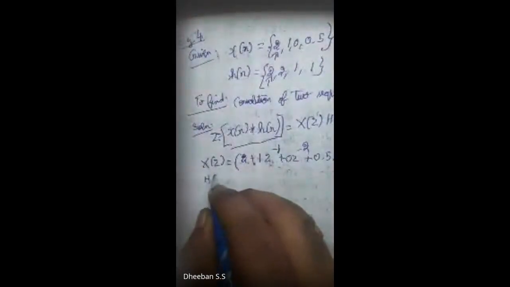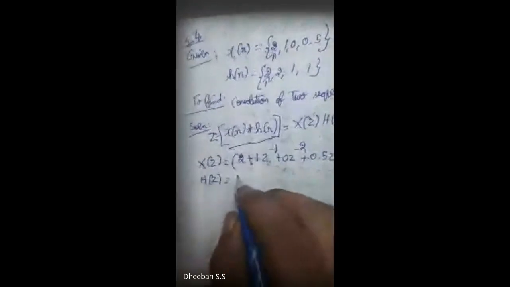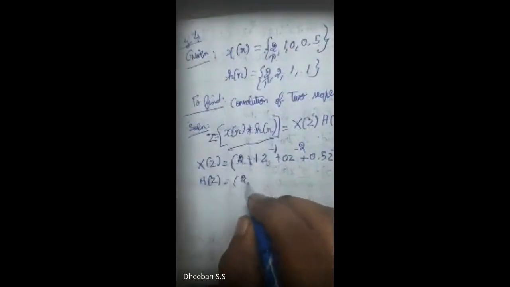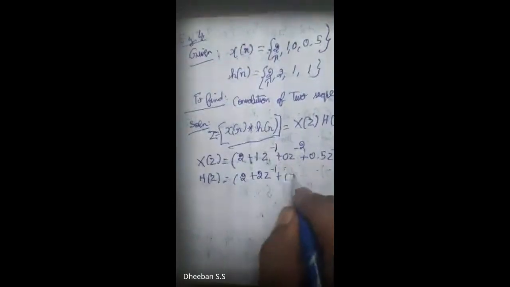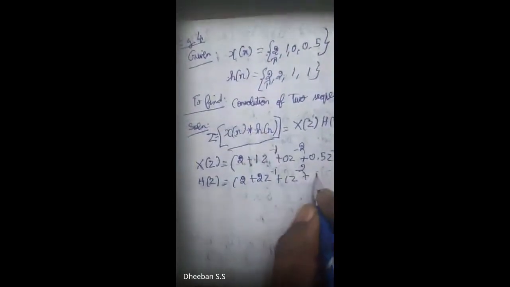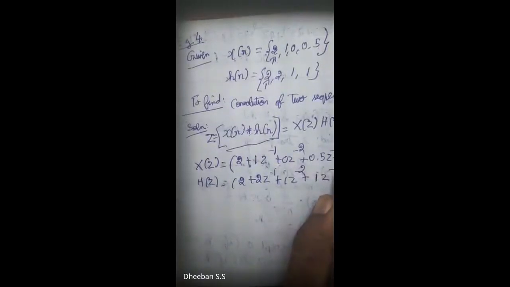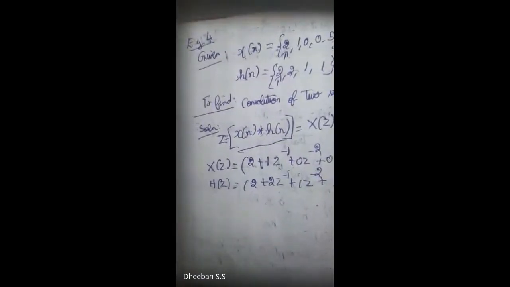Now H of z is equal to 2 plus 2 into z power minus 1 plus 1 into z power minus 2 plus 1 into z power minus 3. Now we have to multiply both these things.